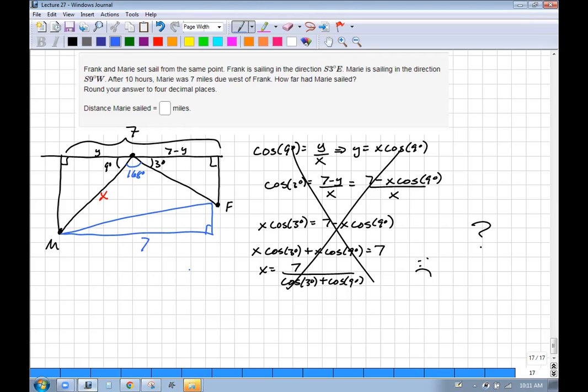Let's see. Okay, we can get this angle because that's 90, right? So this has to be 90 minus 9, which would be 81 degrees.